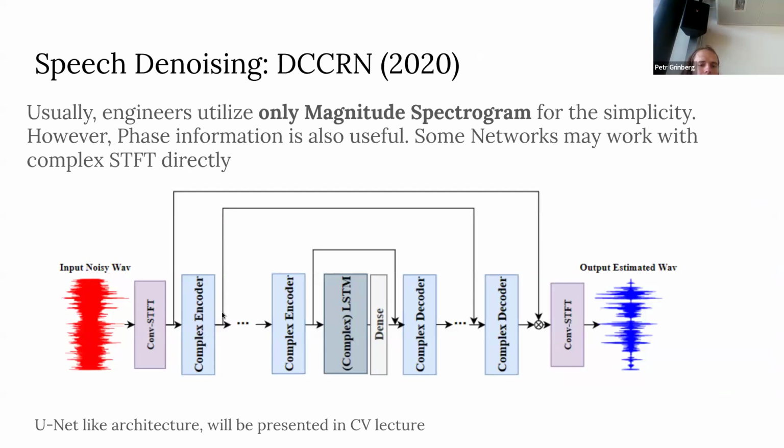And here in DC-RNN, you see a lot of arrows like this. It's not about residual connections as we discussed last week. It's actually something from an architecture called UNet, which we will discuss on Thursday.